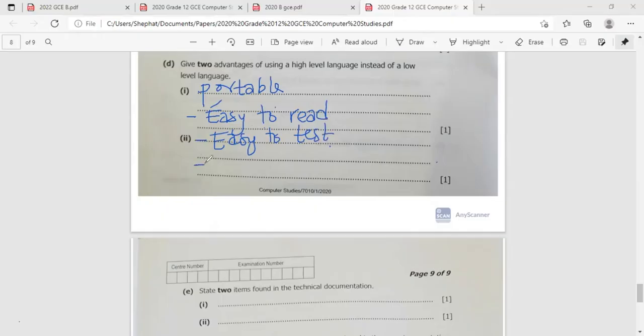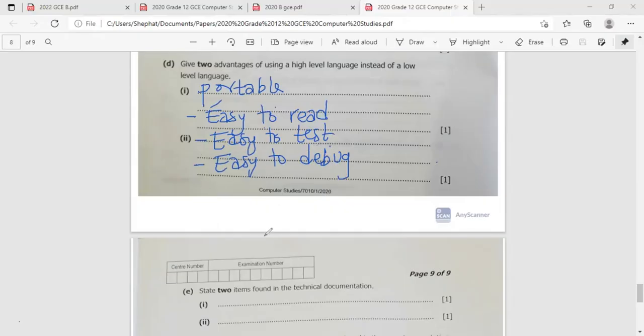They are easy to debug. And the programs are easy to maintain.